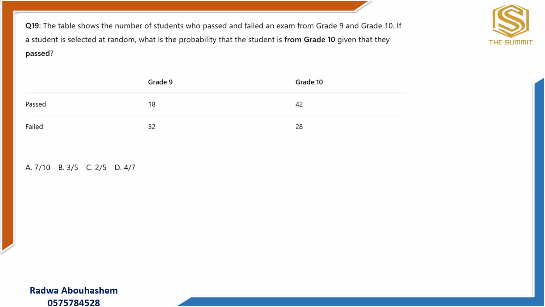The table shows the number of students who passed and failed an exam from grade 9 and grade 10. If a student is selected at random, what is the probability the student is from grade 10, given that they passed? Passed means grade 9 and grade 10, so 42 plus 18, which is 60 students.